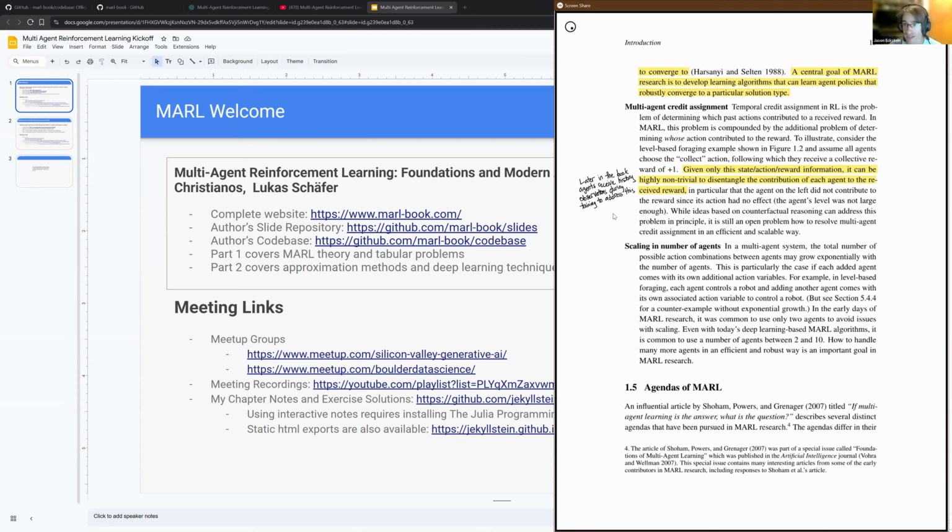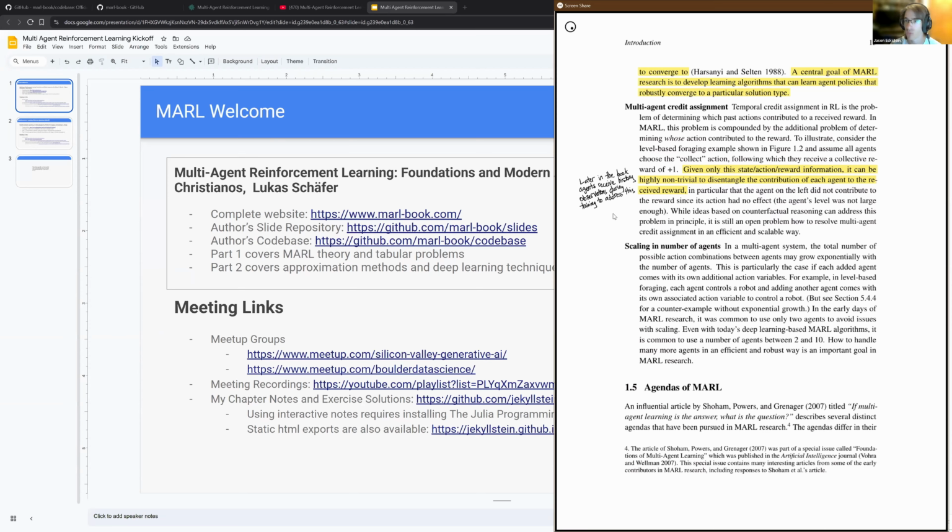And this is something which is not necessary in single agent RL because of the Markov property of the environment, right? Because the agent is now interacting in an environment with other agents, from the single agent's perspective, we've lost this Markov property.